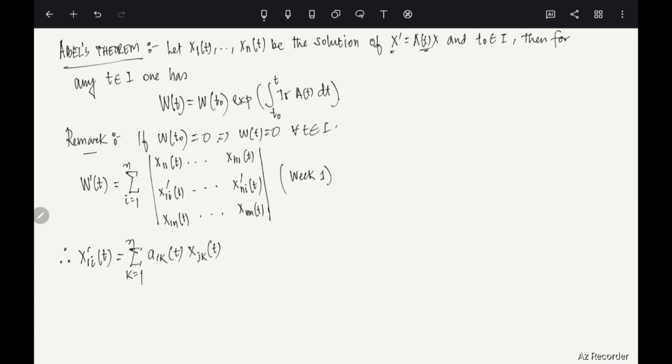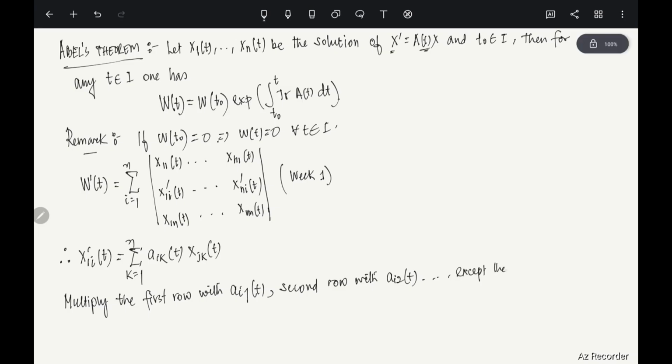Clear? And now if you put it in the above expression, multiply the first row with a_i1(t), the second row with a_i2(t), of course, and you go on doing this, except the i-th row, and subtract their sum from the i-th row.